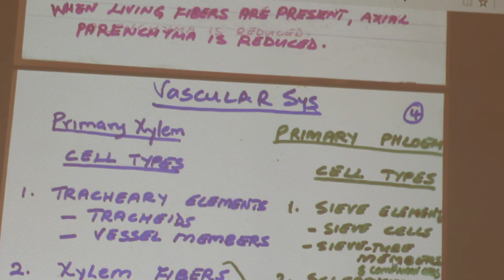However, sieve tube members always go with companion cells. Companion cells are not the same as sieve tube members, but they always exist with sieve tube members. Sieve cells are something else.